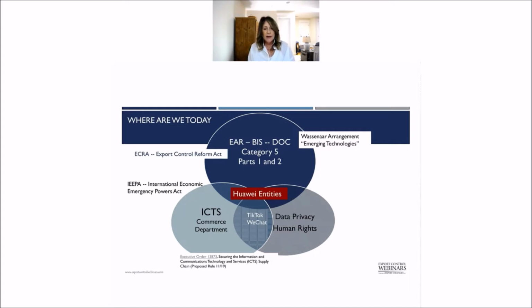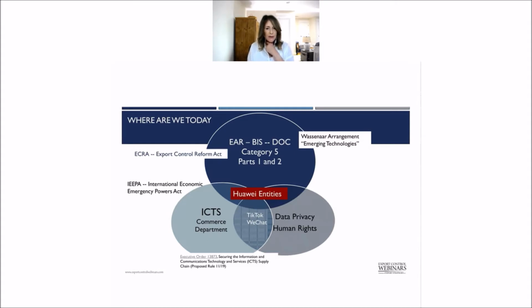The ICTS, the Information Communications Technology and Services rules, are being handled right now by the Secretary of Commerce. So there's an intersection there with Huawei, because Huawei is considered to be a threat because of hardware and software that runs on certain networks.